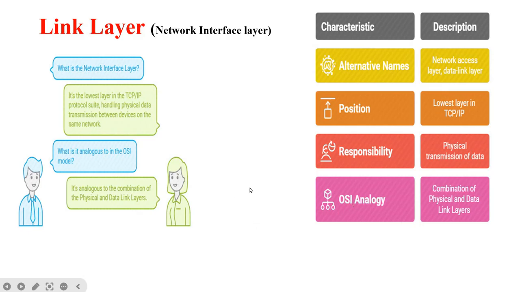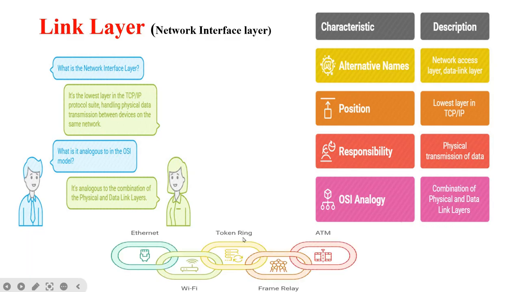The link layer is independent of the medium in use, the frame format, and the network access, which enables it to be used in a wide range of technologies such as Ethernet, token ring, ATM, Wi-Fi, and frame relay.